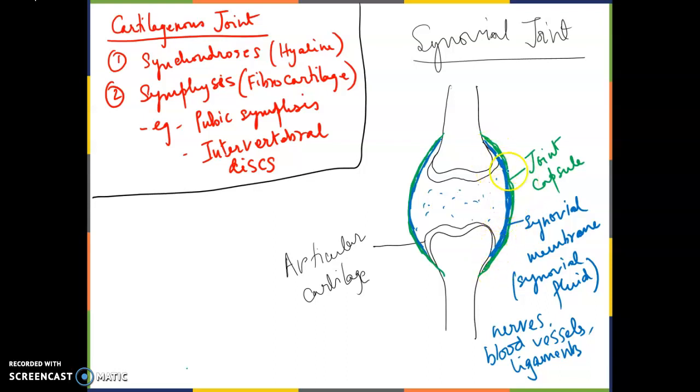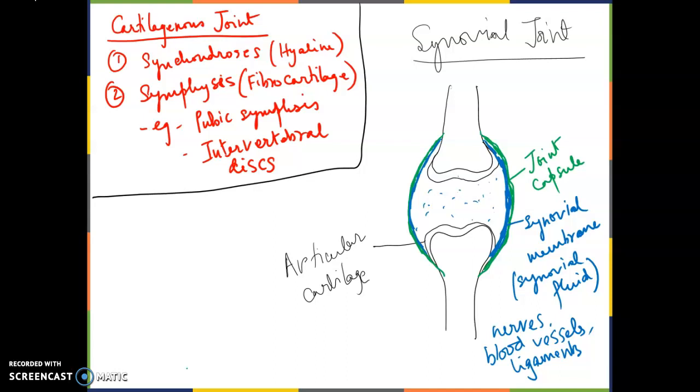Deep to that, we have synovial membrane that produces synovial fluid, which fills up the space. And then the articulating ends of both bones are covered by articular cartilage, which is shown in black here. This one and this one. And then we have nerves, blood vessels, and ligaments strengthening the joint.